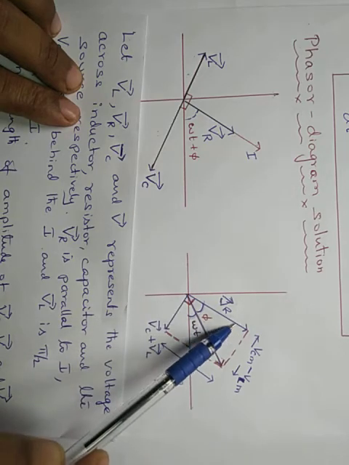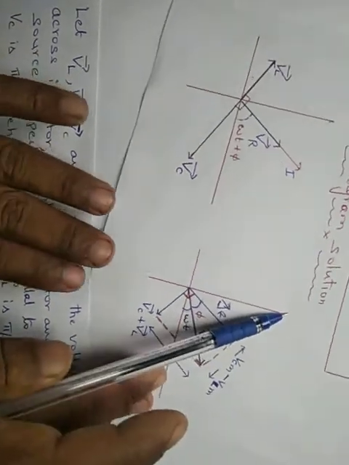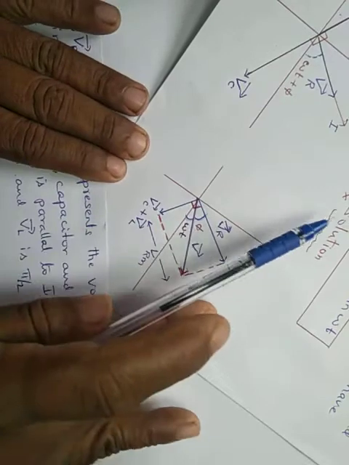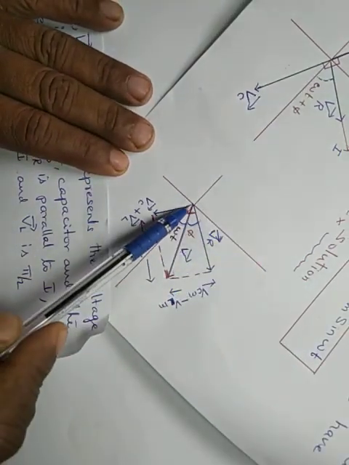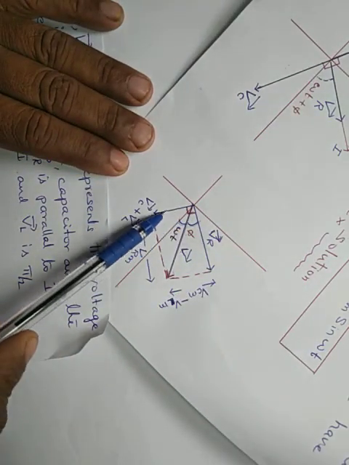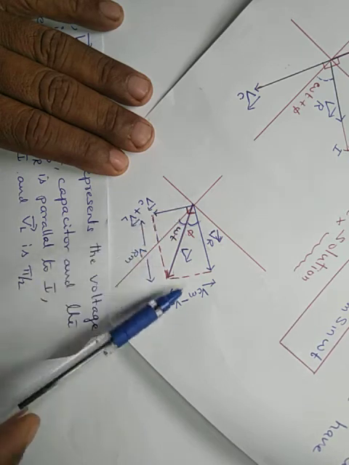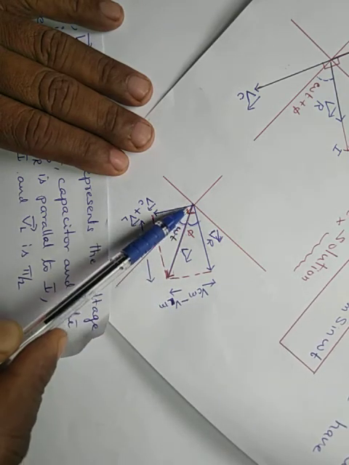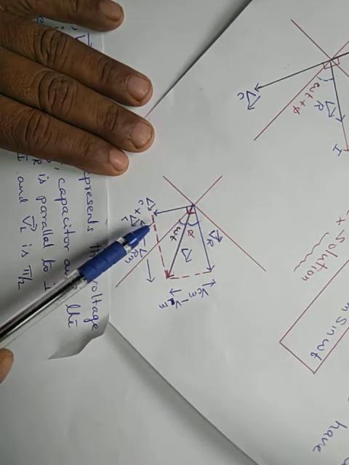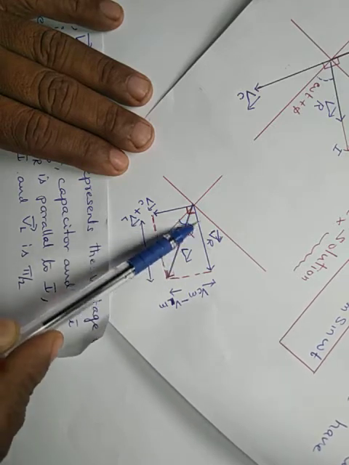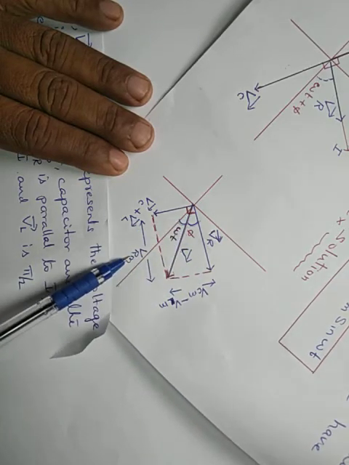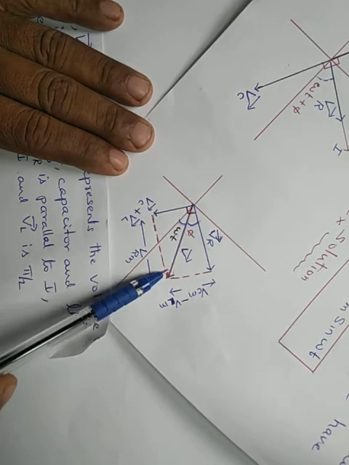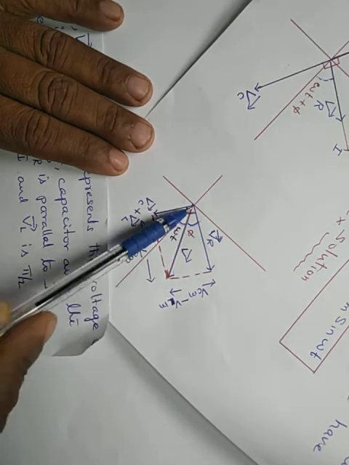Or you can have this triangle. What is this side? That is Vcm minus Vlm. So Vcm minus Vlm whole square, and this side is Vrm.